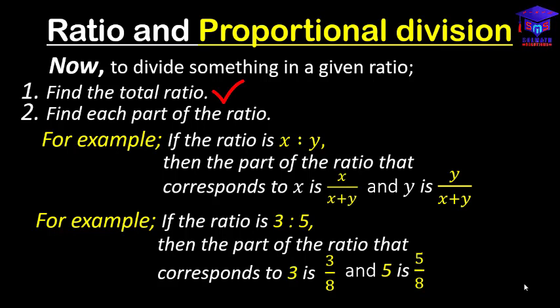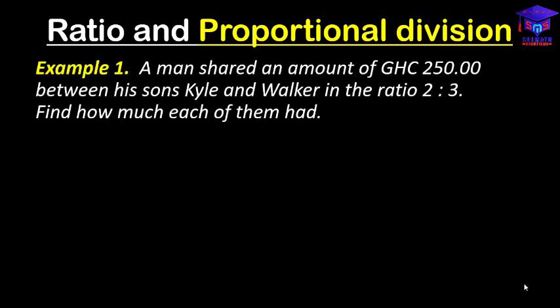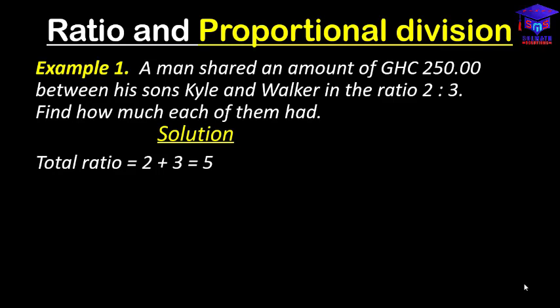So the total ratio is 2 plus 3, the sum of the given ratios over here. So 2 plus 3, and that will give us what? 5.